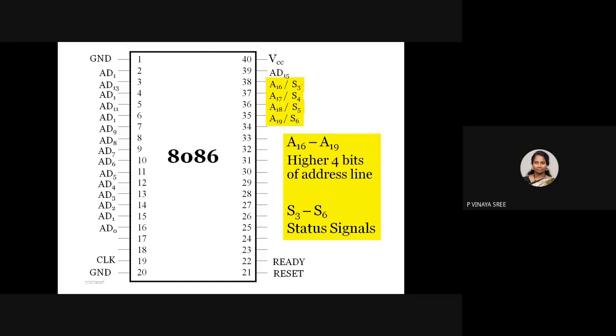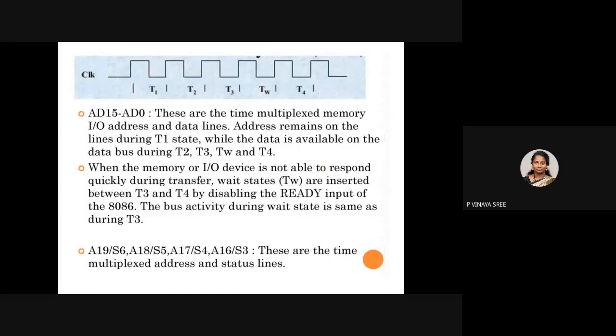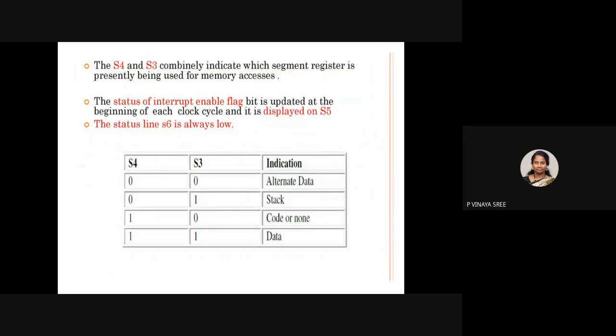And see here, S3 and S4 combined mention which segment the processor is executing instructions from. We have discussed this also, but I'm repeating once again. S3 and S4 combinedly indicate which segment register is presently being used for memory access.